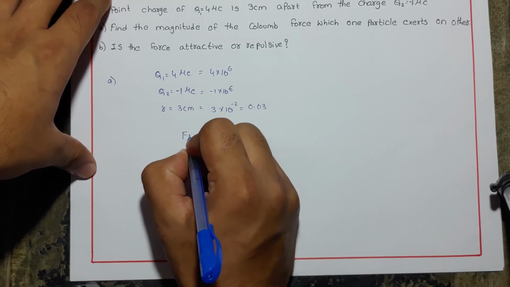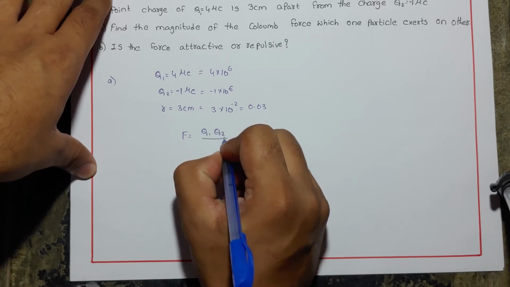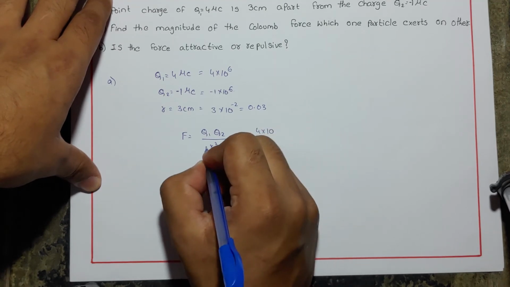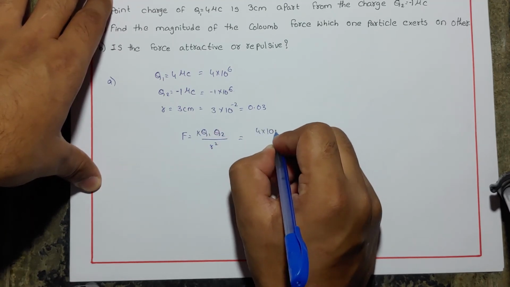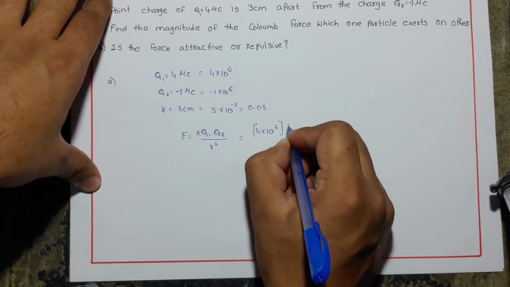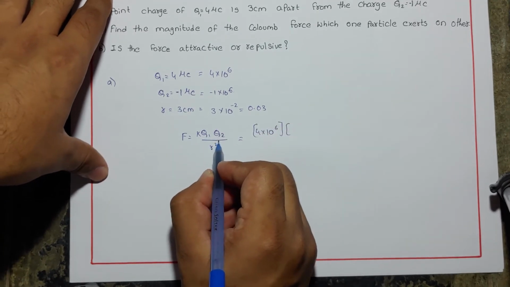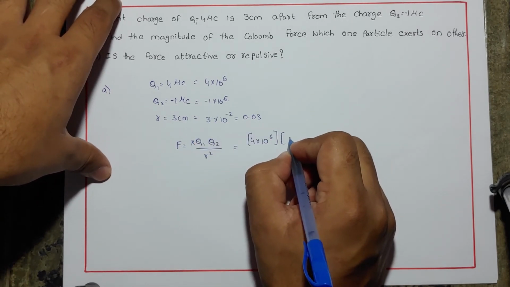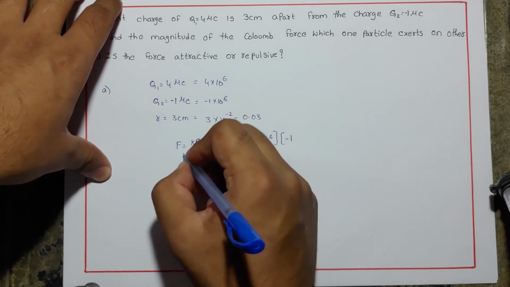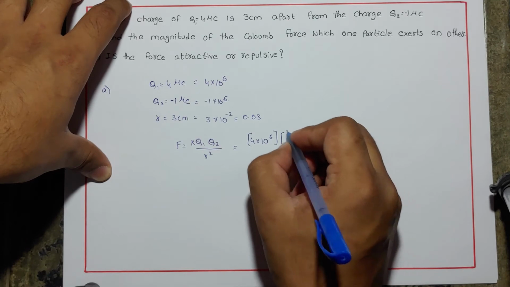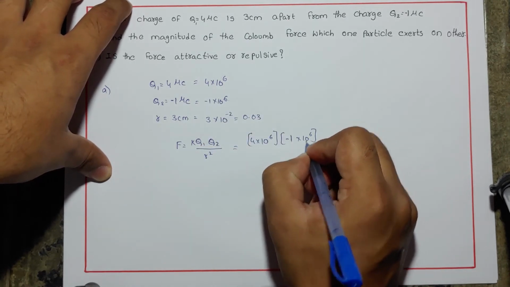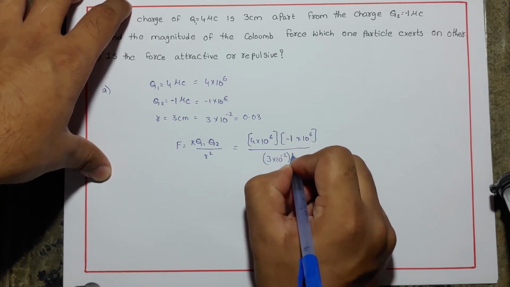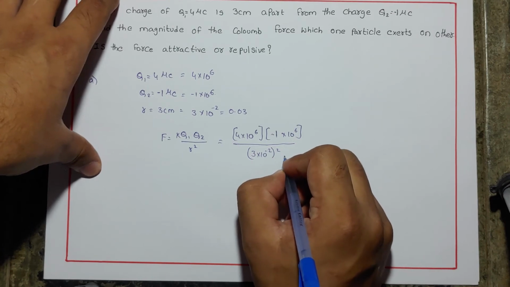We know that force is equal to k times Q1 Q2 by the distance between them, r square, which is 4 into 10 to the power of minus 6 times minus 1 into 10 to the power of minus 6 by 3 into 10 to the power of minus 2 whole square into 1 by 4 pi epsilon naught.